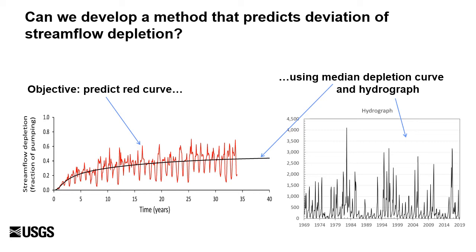And so what we're looking at in the next several slides is a method that we've been working on to estimate that red curve on the left side by using the characteristics of that median black depletion curve, as well as the stream flow hydrograph shown on the right.